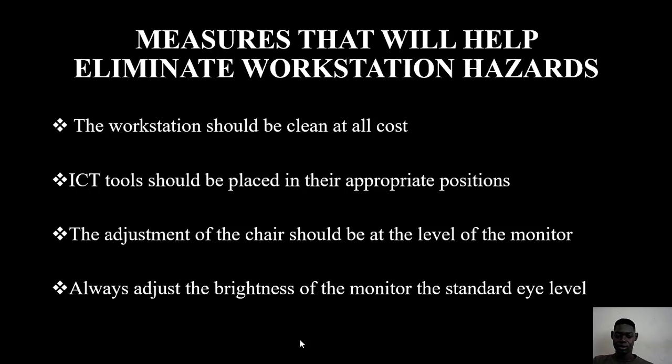You shouldn't be too close to your monitor so that the brightness will have a direct effect on your eye. You should distance yourself away a little. So the brightness of the monitor should be adjusted to the standard eye level.